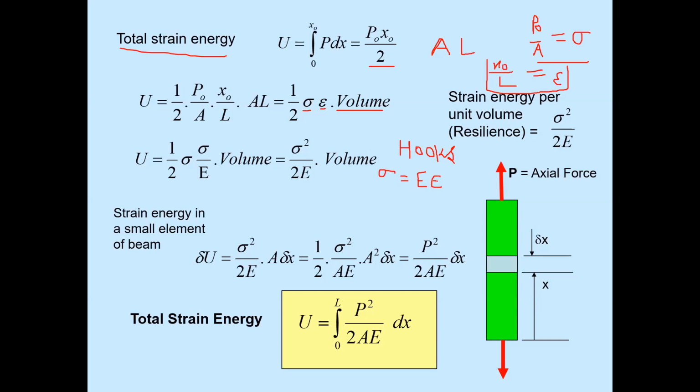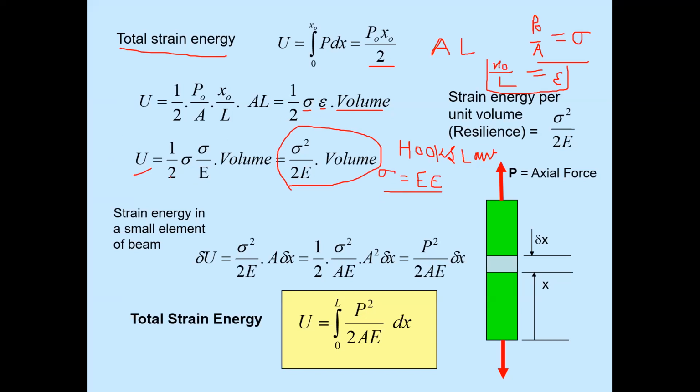The condition for Hooke's law is that it is valid only for members which are isotropic, homogeneous, and prismatic in nature. So the value of epsilon, from this equation, is sigma by E. So sigma by E into volume, and the equation becomes sigma square upon 2E into volume, the strain energy.